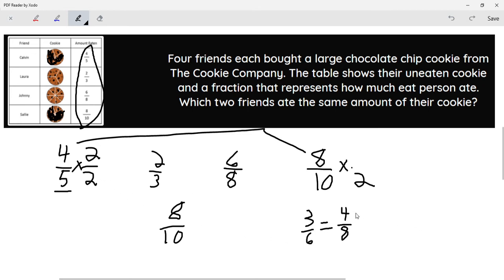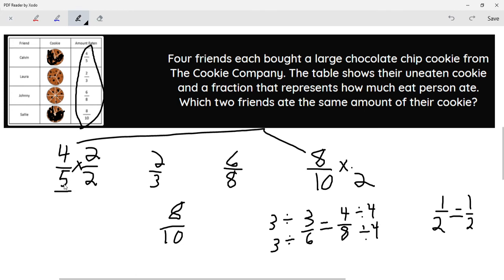So it might be a good idea just to reduce all of the fractions, right? Because if I reduce these fractions, I can see that once I reduce them, obviously they both equal 1/2, right? And I'm reducing them by dividing by the common factors. So that's another way to do it. You could look and see, okay, 4/5 is already reduced.